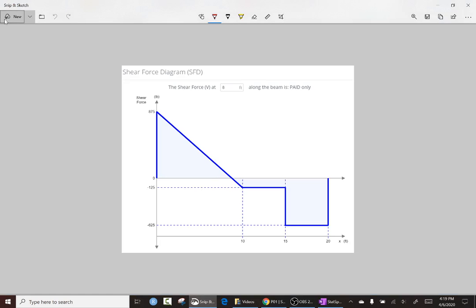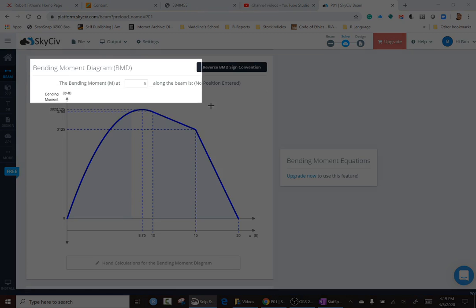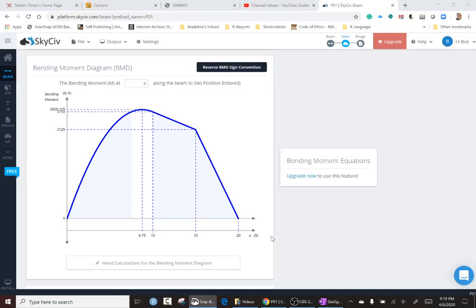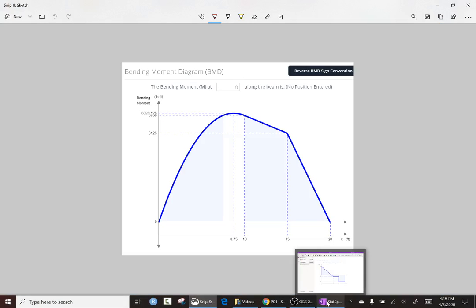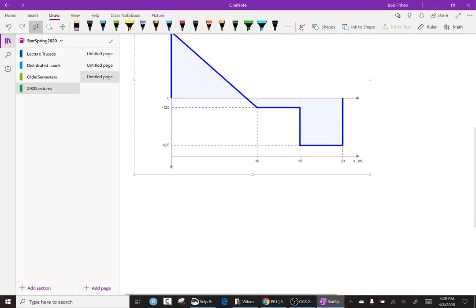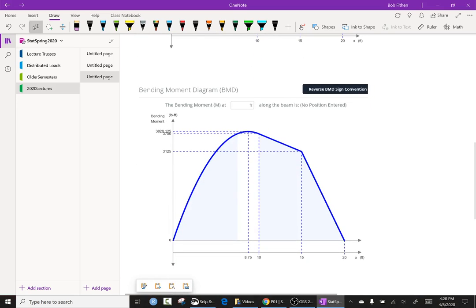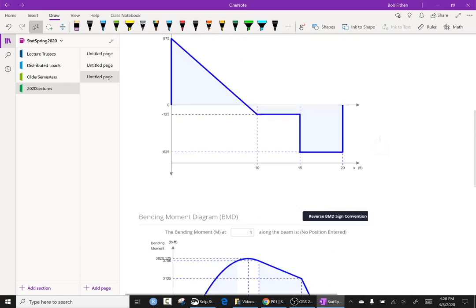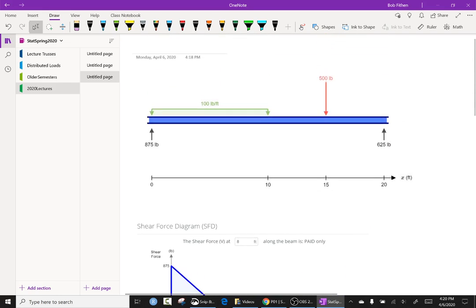I want to snip the next one for the bending moment diagram. Go in, drop it under there as well. Then I'm going to go back to the top.